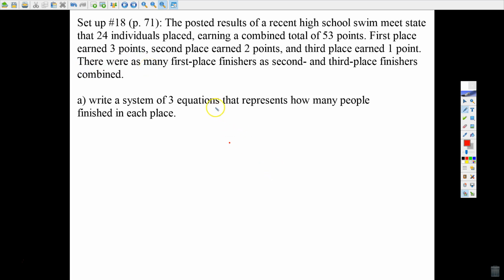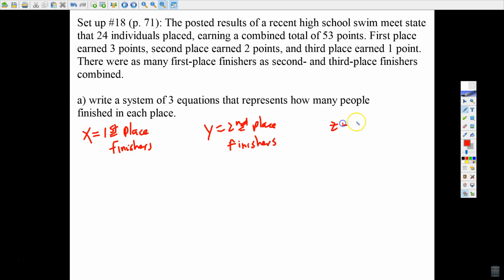It asks how many people finished in each place. So I'm going to say X is first place finishers, how many finished in first place. Y will be second place finishers. And Z will be third place.